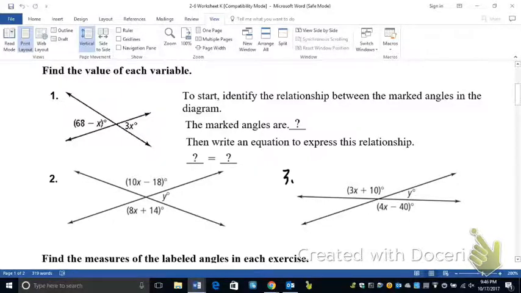So what we need to do is identify the relationship between the labeled angles, then set up an equation to express this relationship, and then go from there. So, first things first, we're going to look at number 1, and we see that they are vertical angles, okay? So we know from the vertical angle theorem that vertical angles are congruent.